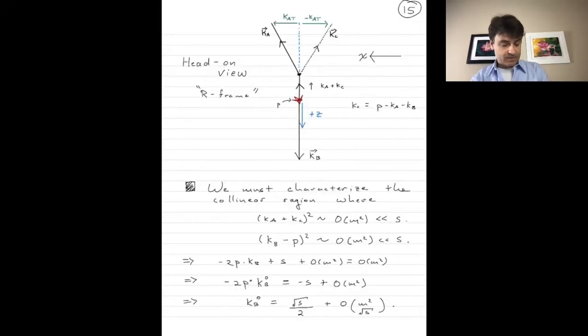And what that tells us is that Kb0 is, up to terms that go to 0 like m squared over the center of mass energy, equal to square root of S over 2. So center of mass energy over 2, which makes sense. Basically, we're dividing the center of mass energy between this outgoing quark, antiquark, and this outgoing pair of particles.